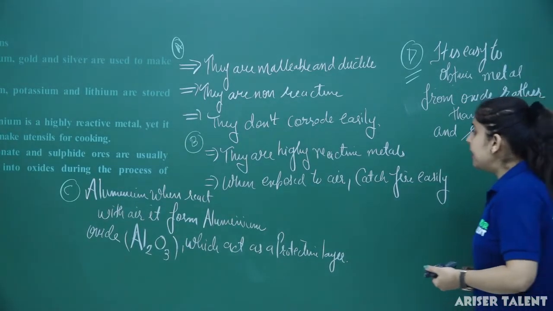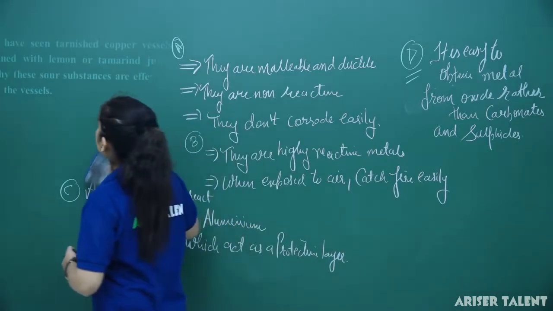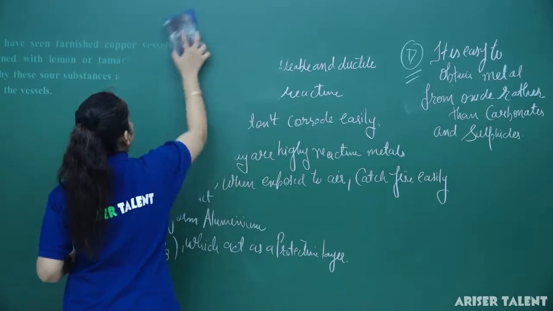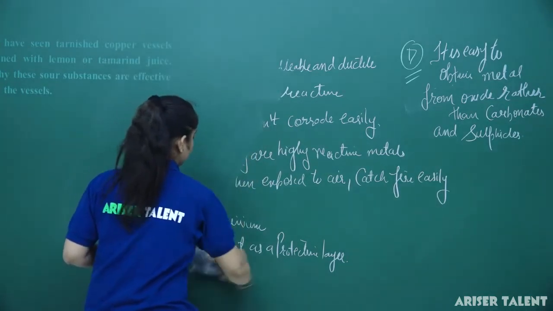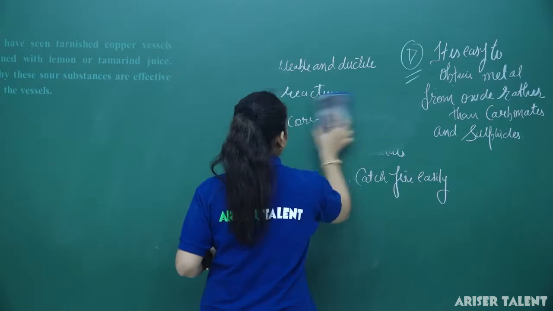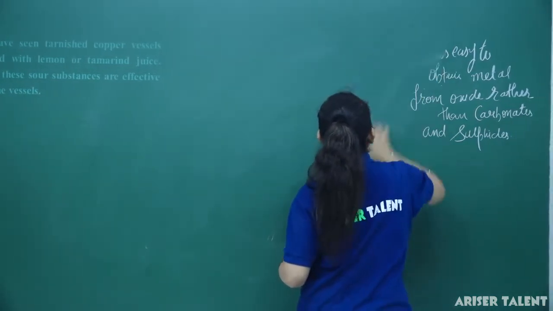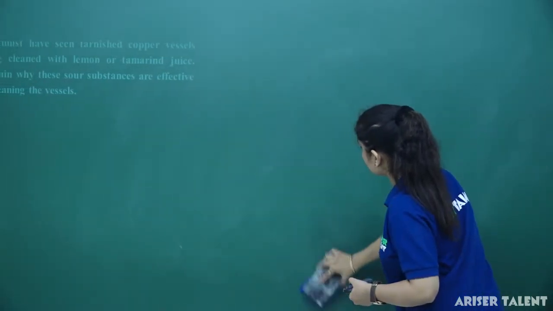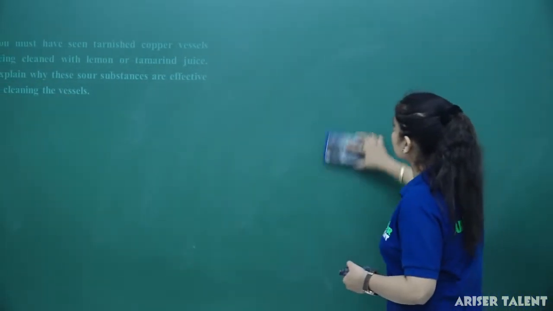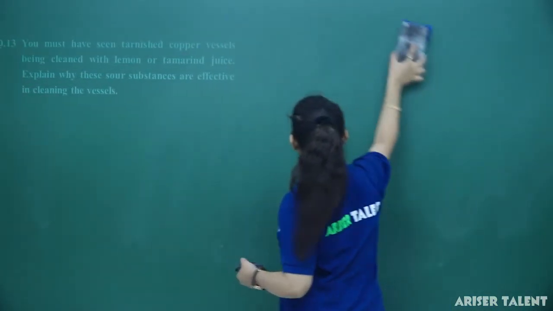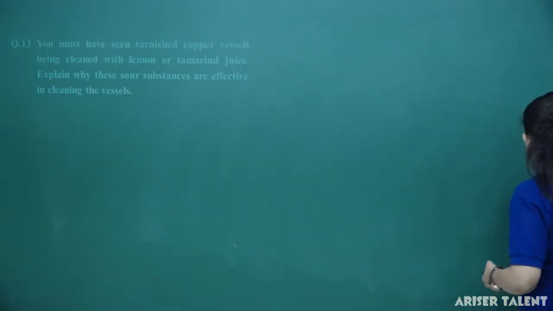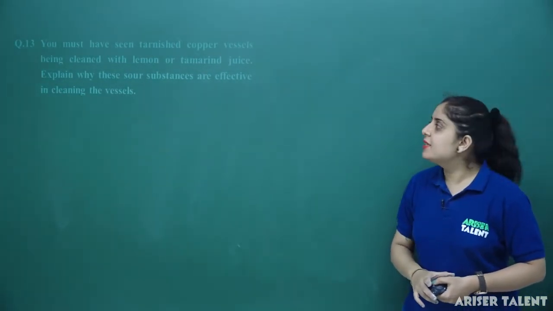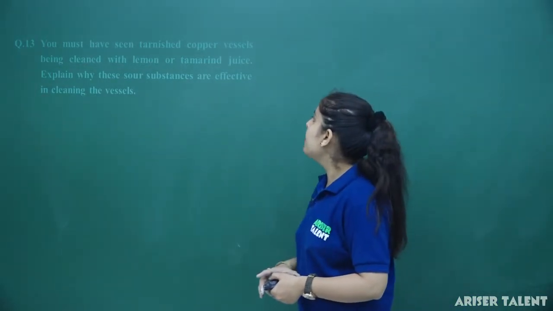Let's move to the 13th question. You must have seen that tarnished copper vessels are cleaned with lemon or tamarind juice.